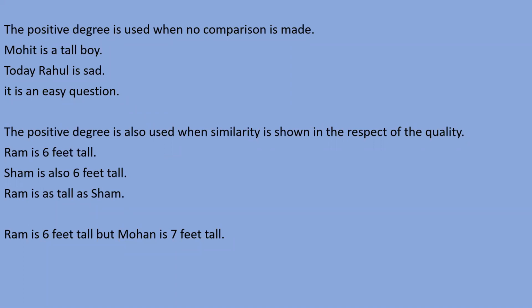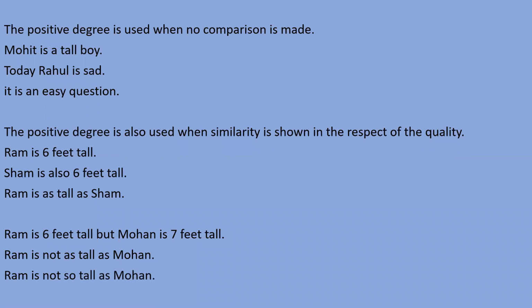And if you want to make comparison, there also we can use positive degree, but in this way we can say that Ram is not as tall as Mohan, because we want to show that dissimilarity here. Means we want to show that Ram utna lamba nahi hai jitna ki Mohan hai. So for this sense also we can use this formation. Ram is not as tall as Mohan, right?